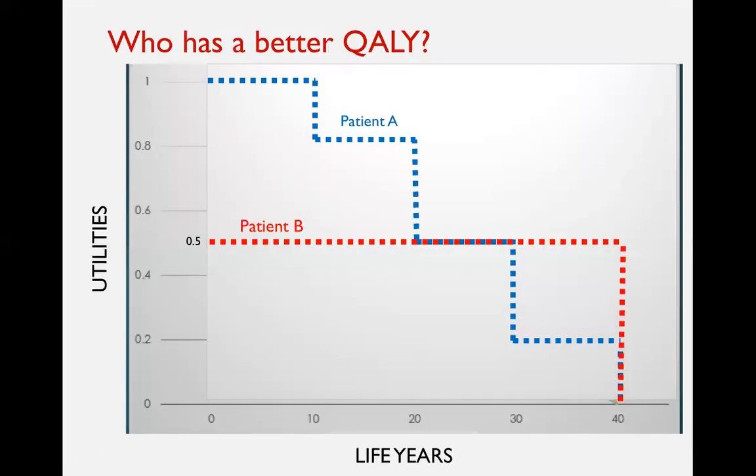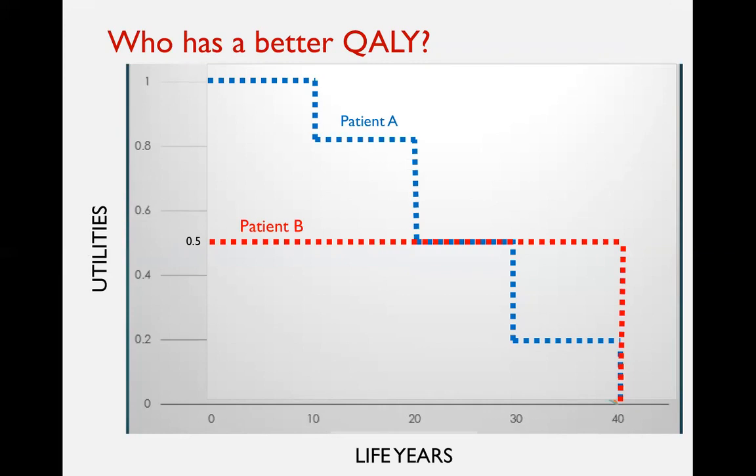Just to illustrate with examples, let's say we have patient A and patient B. Both patient A and patient B lived up to 40 years old. Patient A was born with a very good life. He or she has a utility of 1 at the start of life.